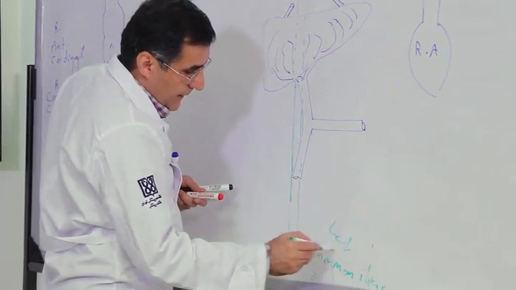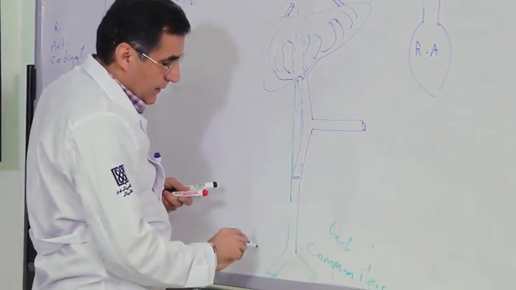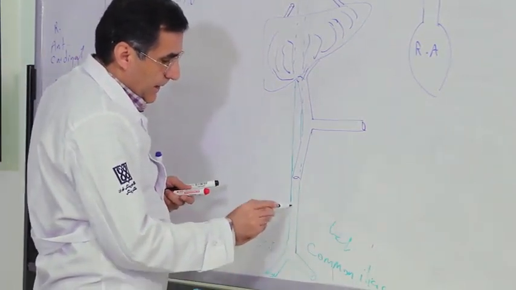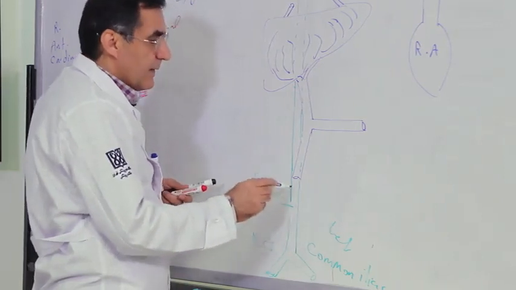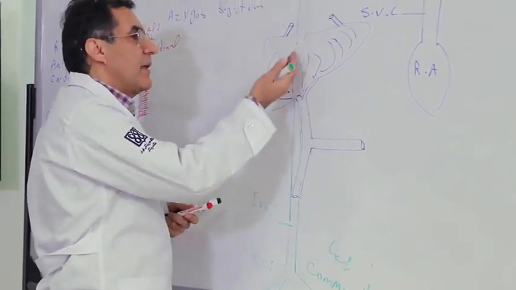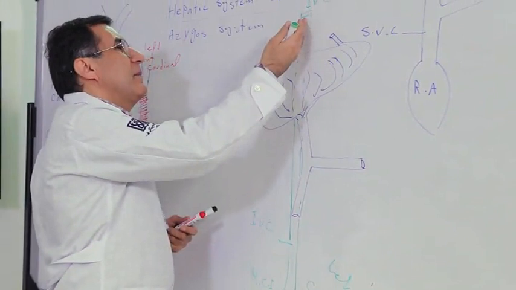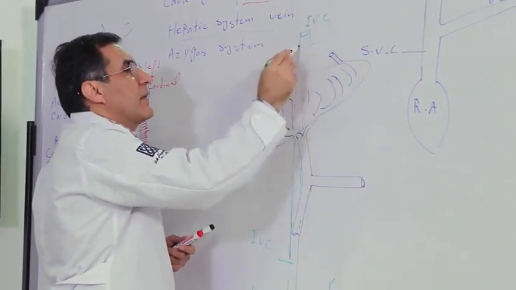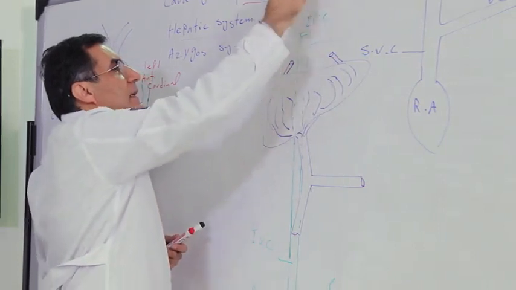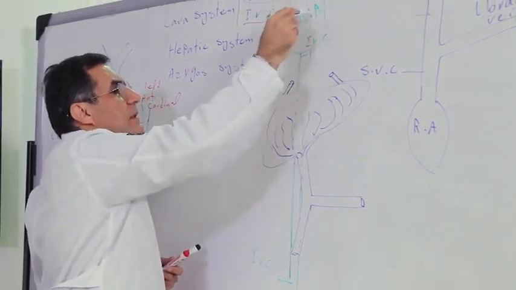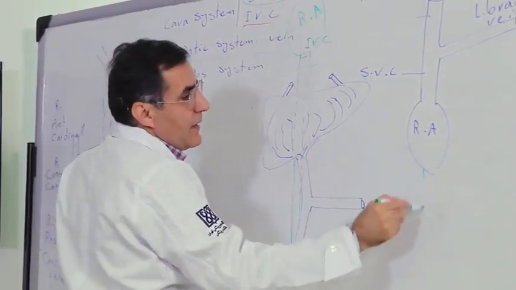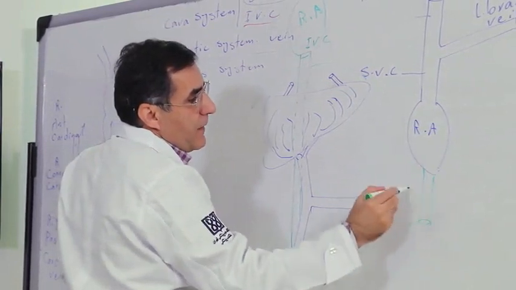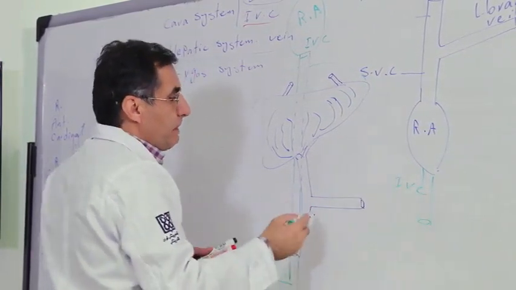This is the left and that one is the right common iliac. The IVC passes behind the liver and penetrates the diaphragm, for example this is the diaphragm, and enters the right atrium. It is draining here, for example, in these pictures.